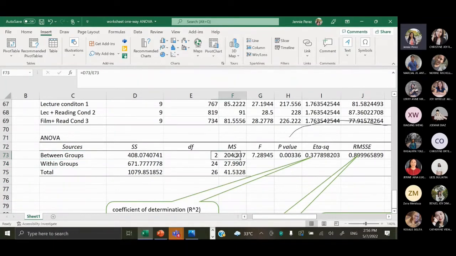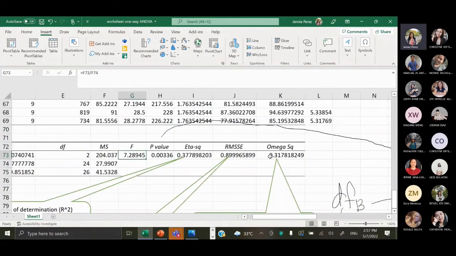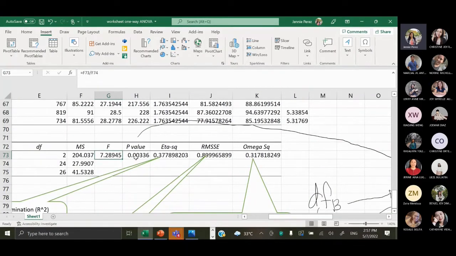So how did we get this? You just divide 204.03 by 27.99, and then you have this value of 7.28. Now, what is the corresponding p-value of this F value? Its p-value is 0.003.